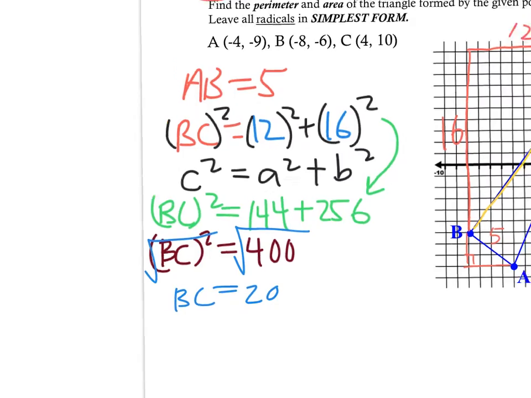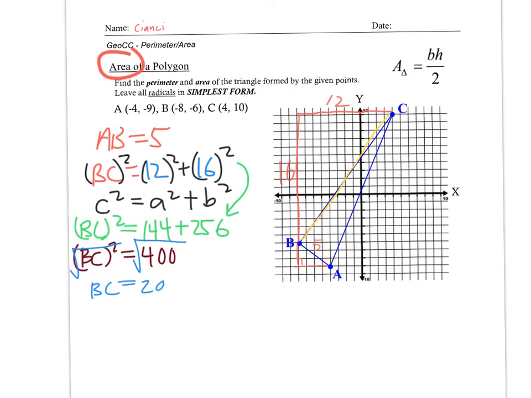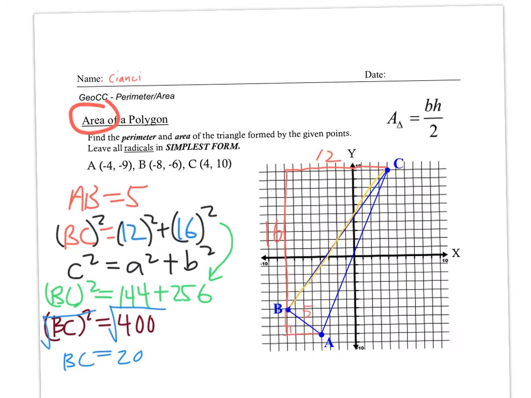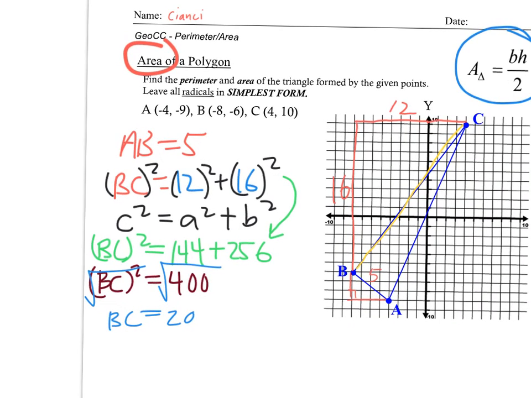So let's take a look at what we have right now. We have the base and the height of a triangle, and we know the area formula is base times height divided by 2. So AB is our base. AB down here is our base, that's right here, 5. And BC looks like the height of our triangle.